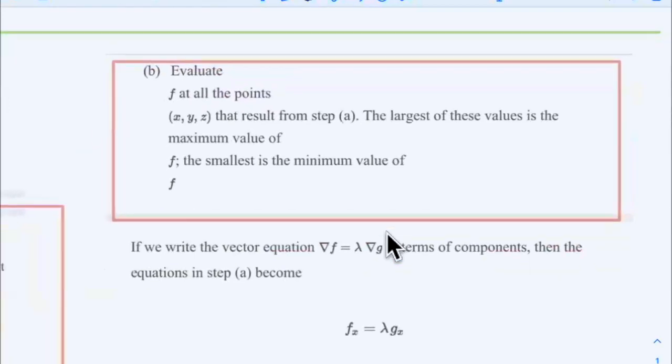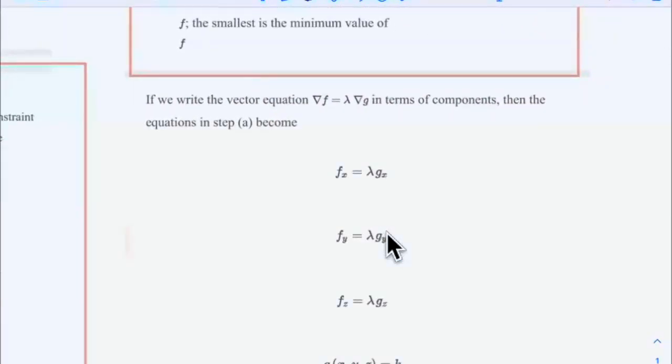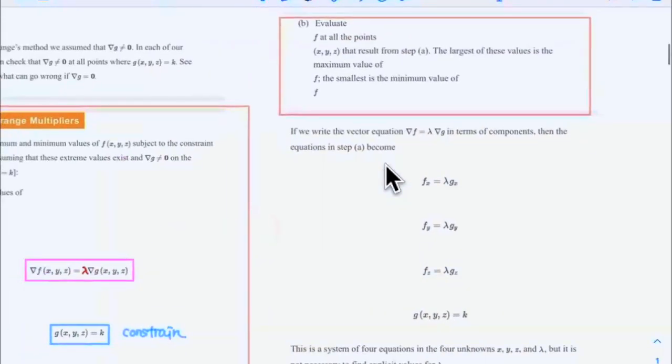Now, here if the function has three variables, the first equation breaks into three equations, because the gradient of f is lambda times the gradient of g. The gradient has three components, right?